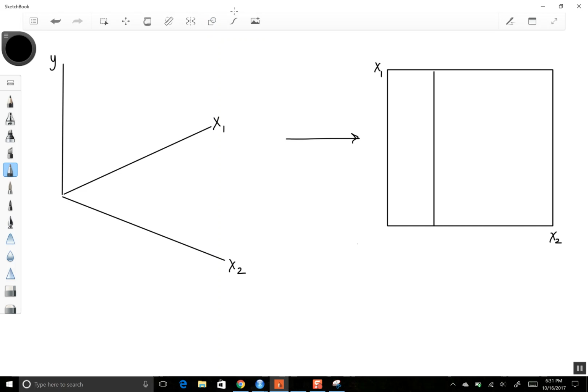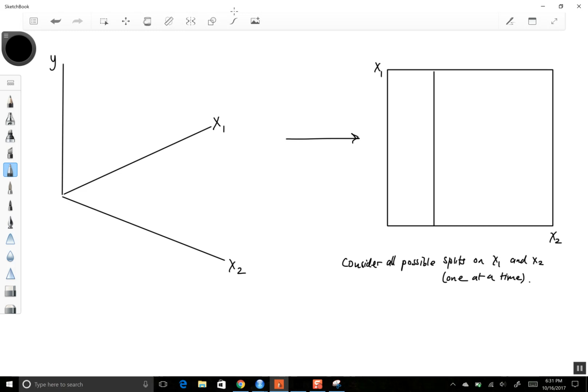Okay, so consider all possible splits on x1 and x2, one at a time, and then do a split.